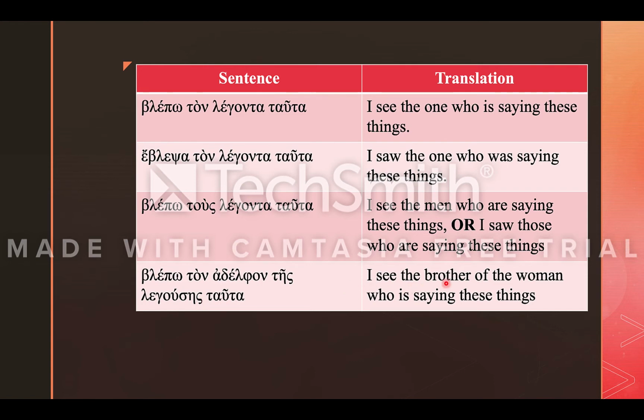So, I see the brother of the woman, tes. Tes is a feminine article, legouses is feminine accusative. And so we have, I see the brother of the woman who is saying these things.